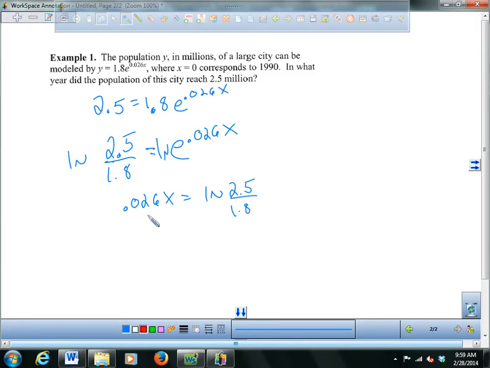And then I would just divide both sides by 0.026. Again, it's better to solve for x first and then plug everything into your calculator. And if you did that, you get the answer to be about 12.6 years.